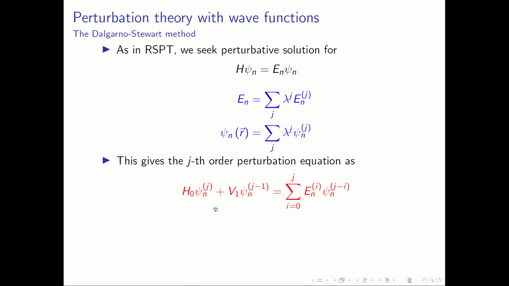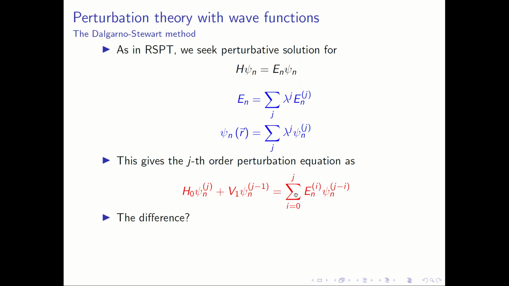This is something we have already done before, so I don't want to talk too much about the derivation. If you are confused, you can look at the earlier lectures, or it's perhaps easier to just sit down and work it out yourself. Just plug the expansion for En and the one for psi n into the Schrödinger equation, remembering that H is H0 plus lambda V1, and compare equal powers of lambda on both sides, and that will give you this equation.